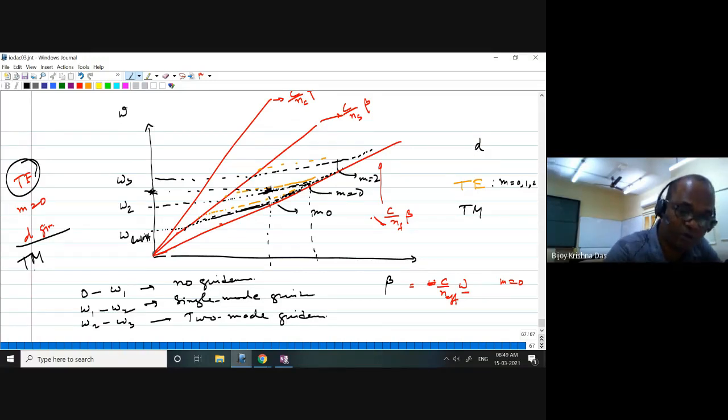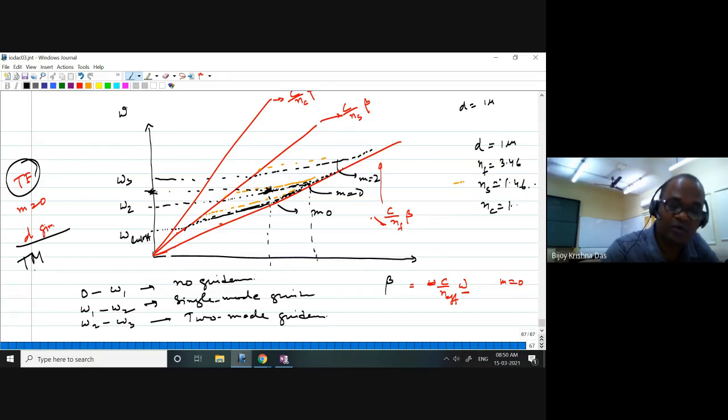I can give you a problem. Suppose D is 1 micrometer, and NF equal to 3.46, NS 1.46, NC equal to 1.00, right?